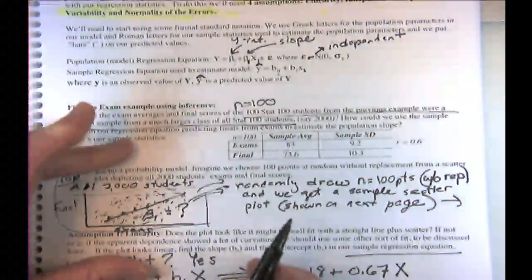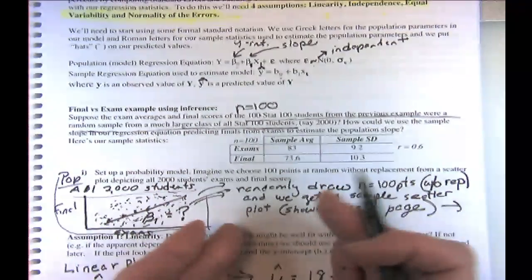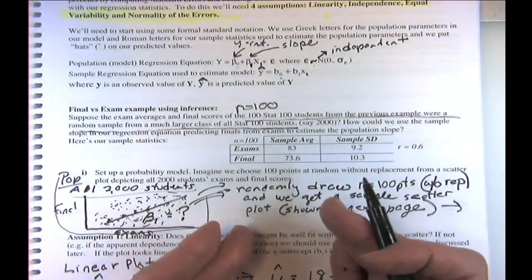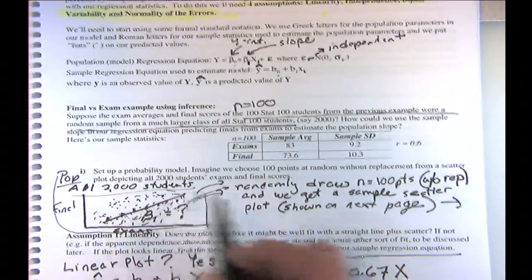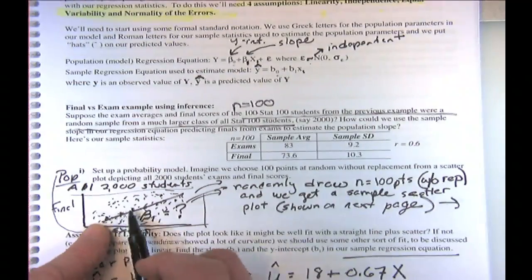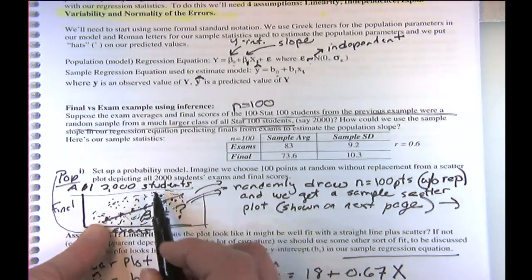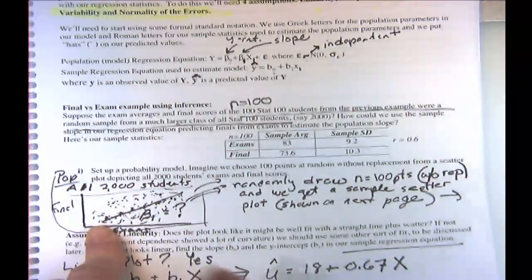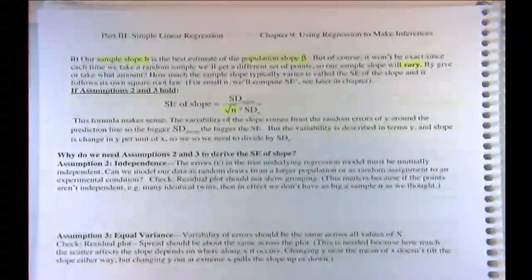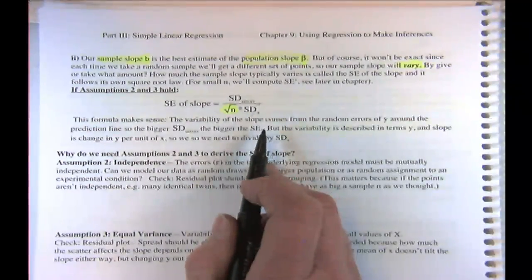If you have a tremendous amount of error, then you're going to have a lot of variability in your sample slope. And if all in your population the standard deviation of the errors is 0, then your standard error is 0. You're going to get the same slope every time. So that's what's in the numerator.